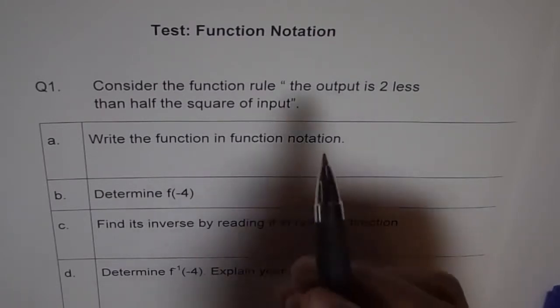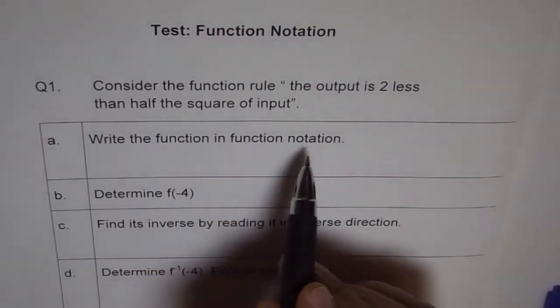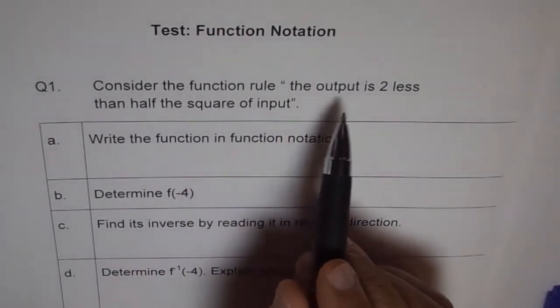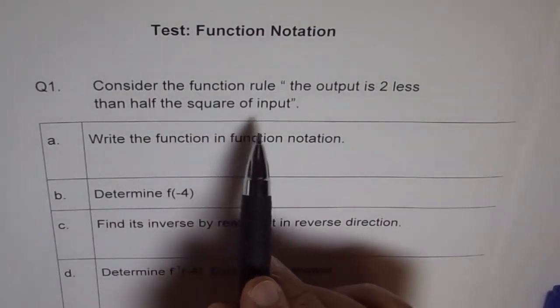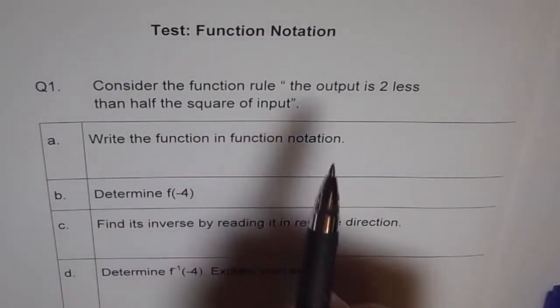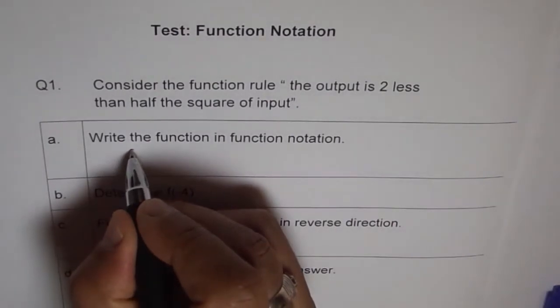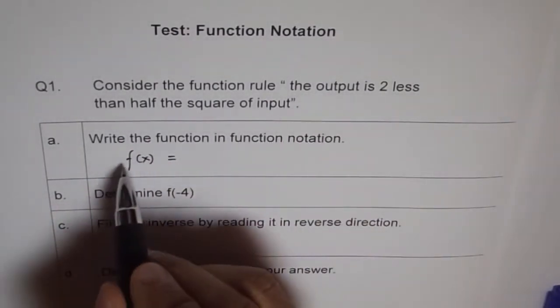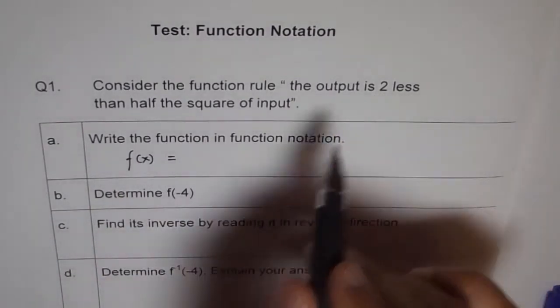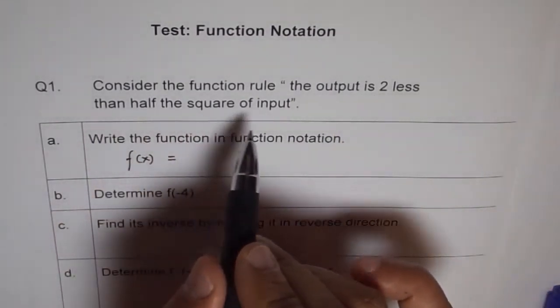First, write the function in function notation. The output is 2 less than half the square of input. Let the input be x. Then in function notation we'll write f of x equals, so the output is f of x, 2 less than half the square of input.